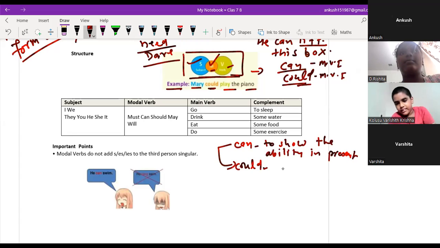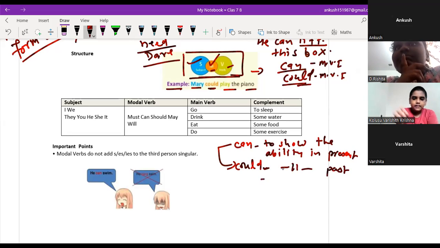Could is used to show the ability in past. Even it is used to say or ask something in a polite way, to say something as a request.